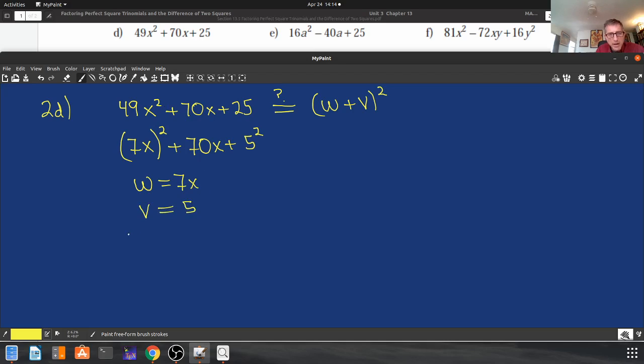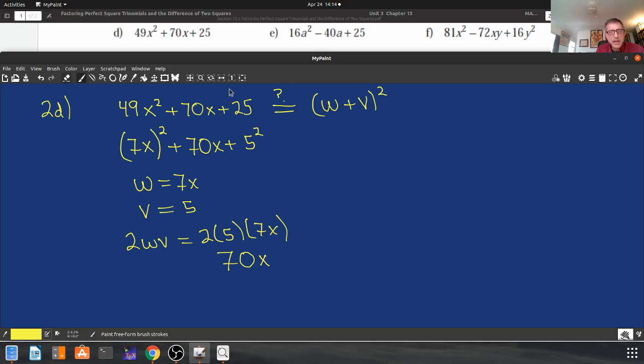Since that's a plus, we want to check the value of 2 times w times v. Well, that's going to be 2 times my v term, 5, times my w term, 7x. Well, 2 times 5 is 10. 10 times 7 is 70. And I have 70x up there.